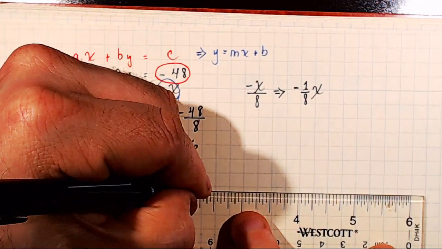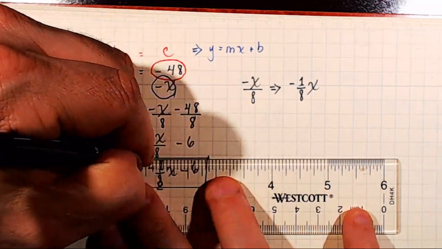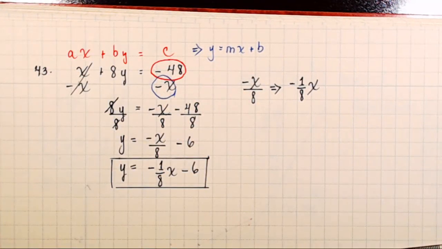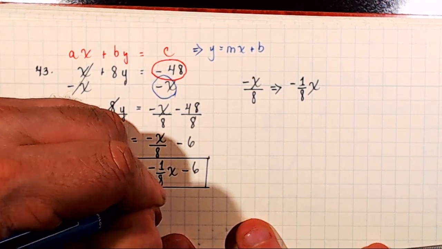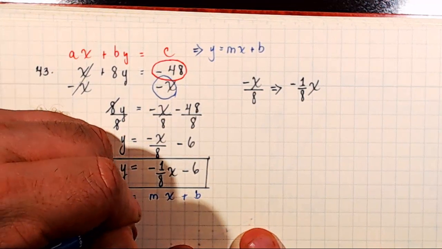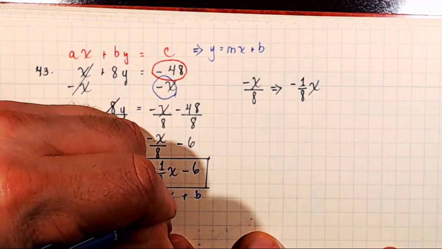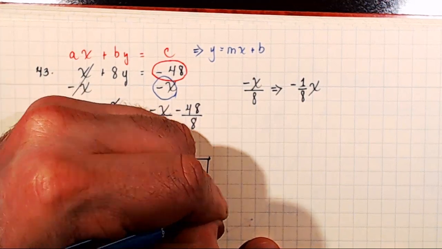And that is the slope-intercept form equation of the line, y equals mx plus b. In this case, m equals negative 1 over 8, and b equals negative 6.